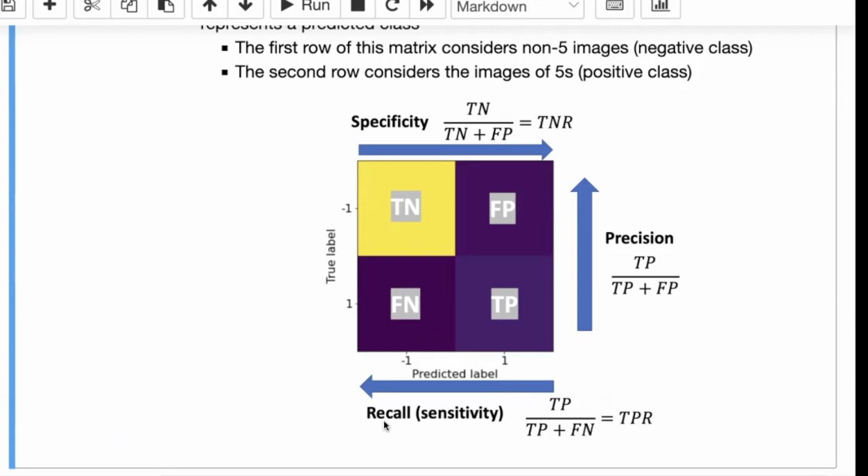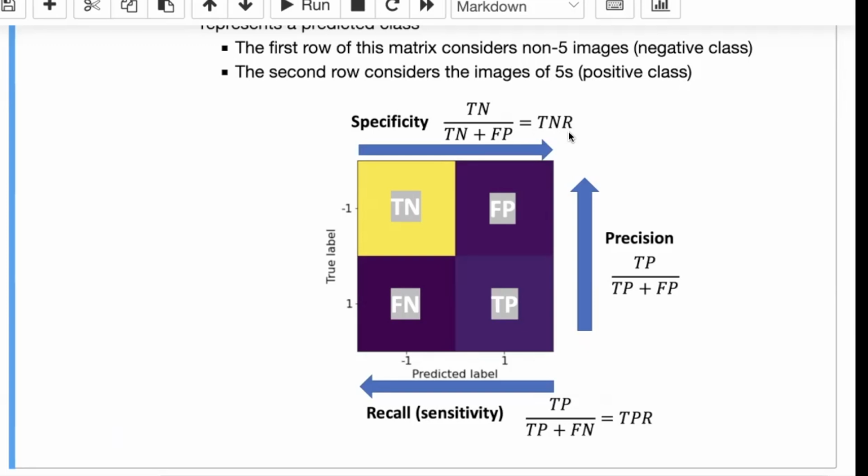So recall is true positive over true positive plus false negative, which we can also think of as true positive rate. And if we call this true positive rate, then the opposite side, where we measure true negatives over true negatives plus false positives, we can call this true negative rate.